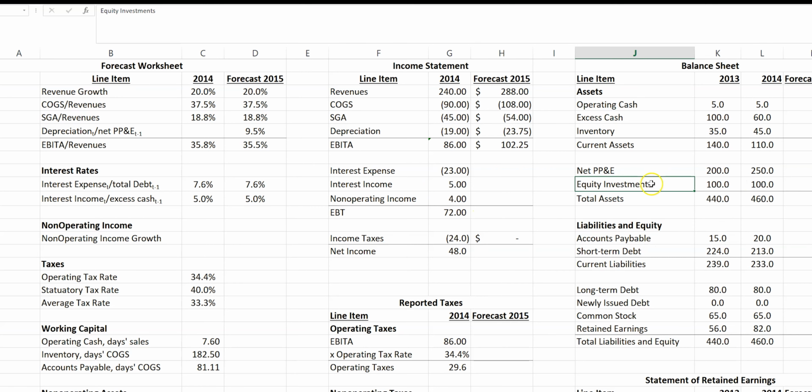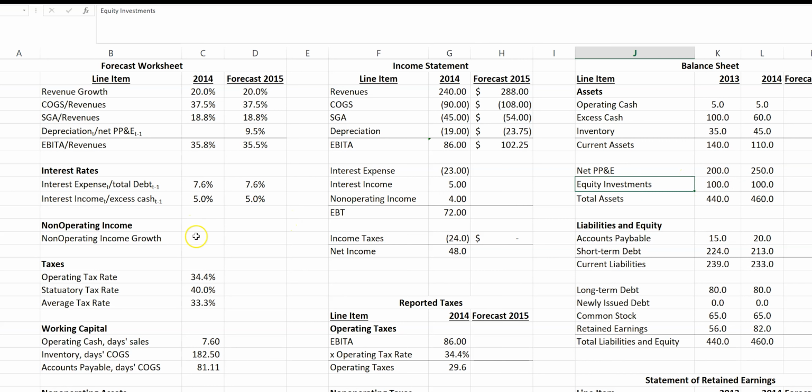And so the firm might own some equity, and my non-operating income could be dividends from that equity. Now, our expectation is that because the firm is not involved in making equity investments, we're not going to be involved in predicting increases in non-operating income unless we have a historical trend of that.